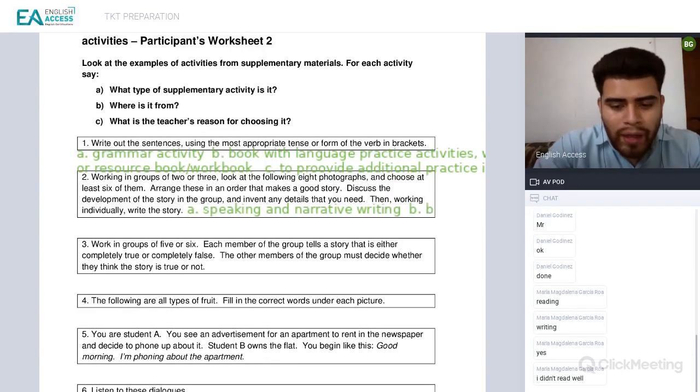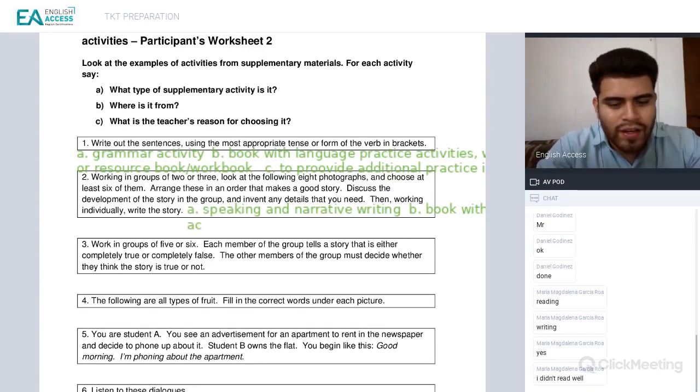It can be from a book with skills activities.